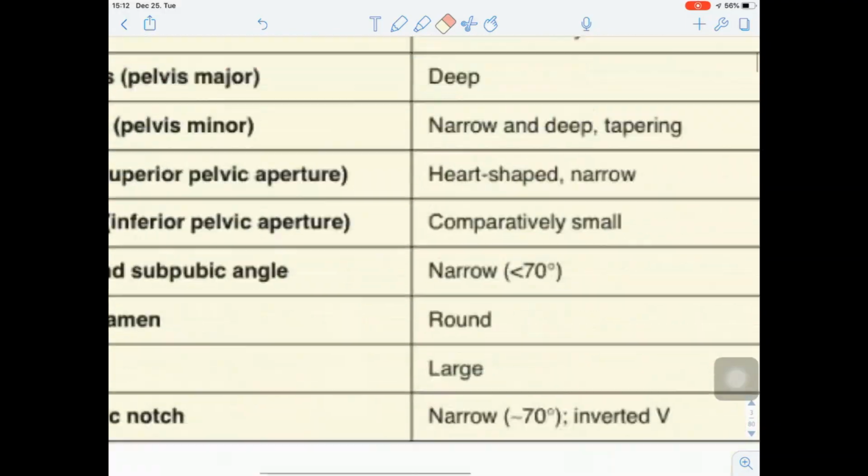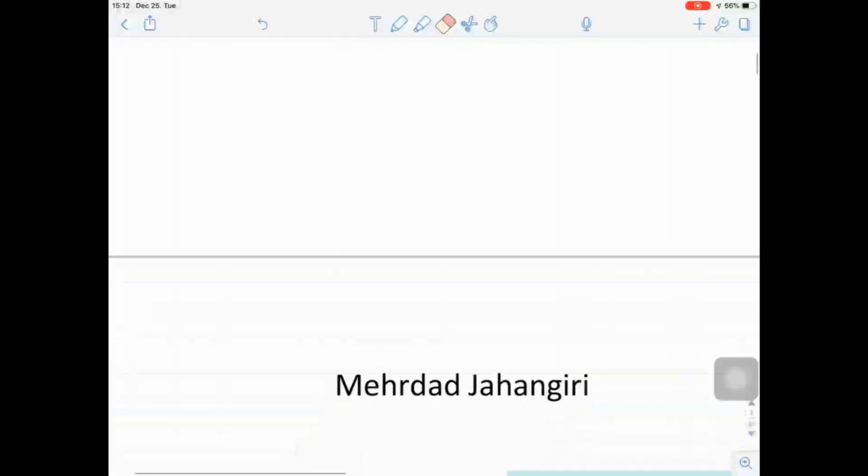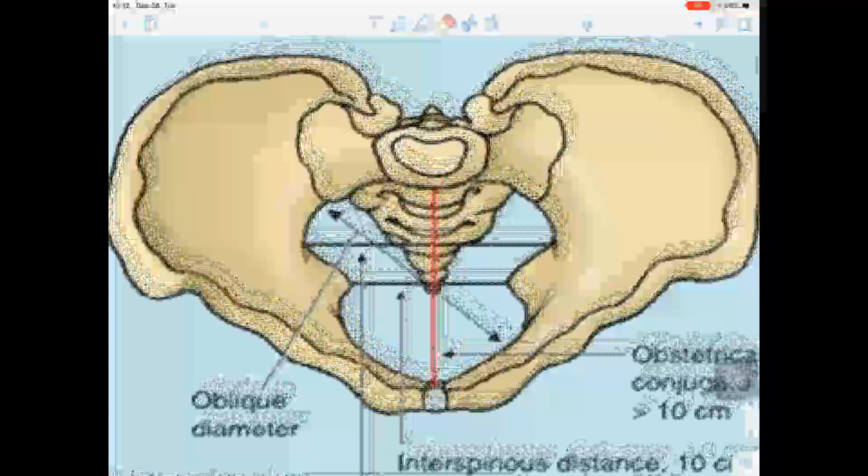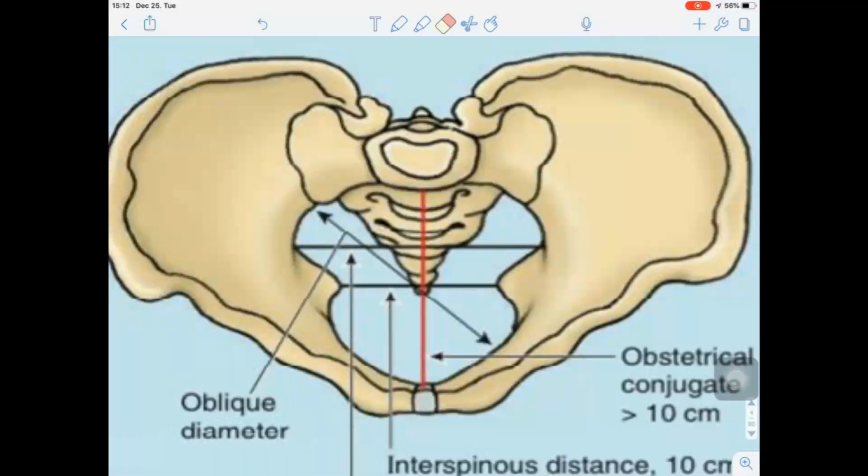If you want to talk about the pelvic outlet, this picture is quite good. You will define the anterior border, lateral borders, and posterior border first. The posterior border is obvious, it's the tip of the coccyx down there. Because you're looking at the pelvic cavity here, where you're looking at the diameters.